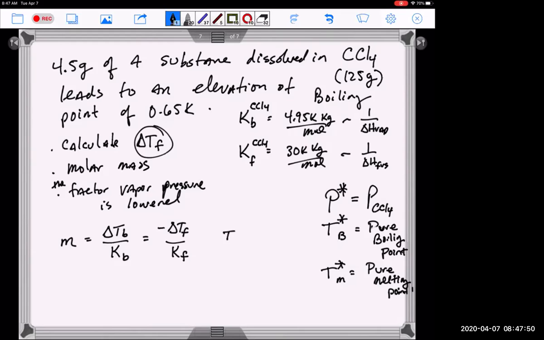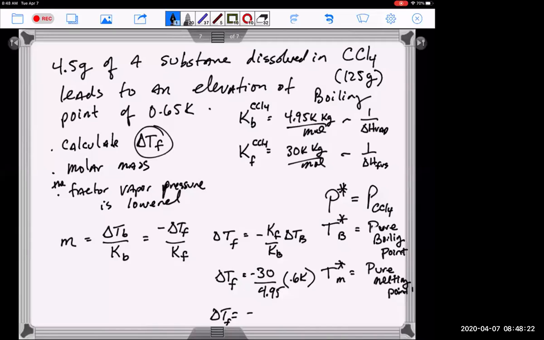And so delta T of freezing would just be minus KF over KB times delta T of boiling. So delta T of freezing here would just be 30 over 4.95, which is about 6 times 0.6 Kelvin. So the freezing point depression should be about 6 times 0.6, 3.9 Kelvin.